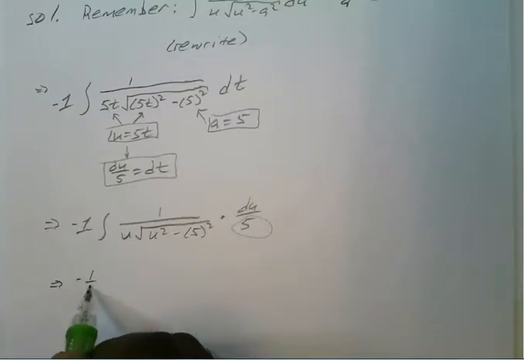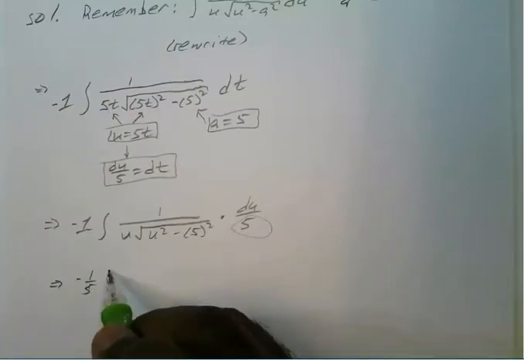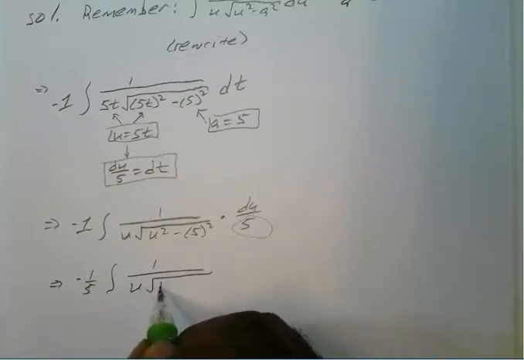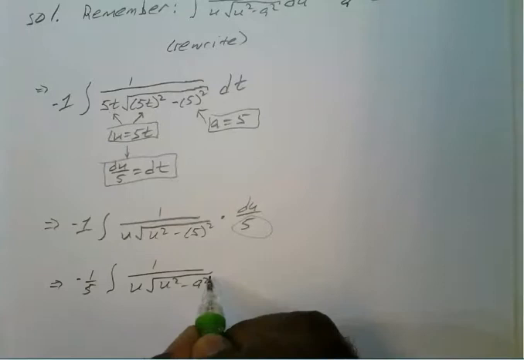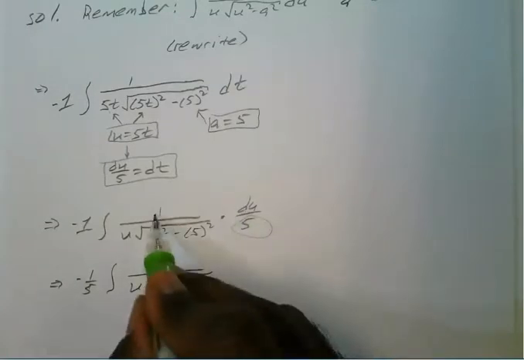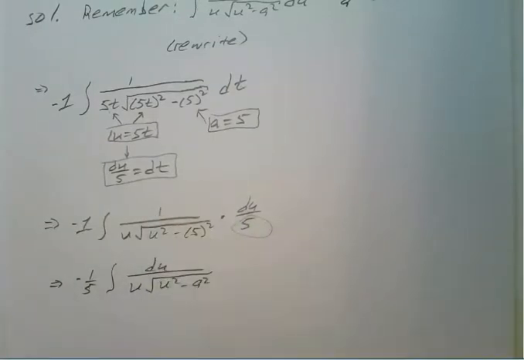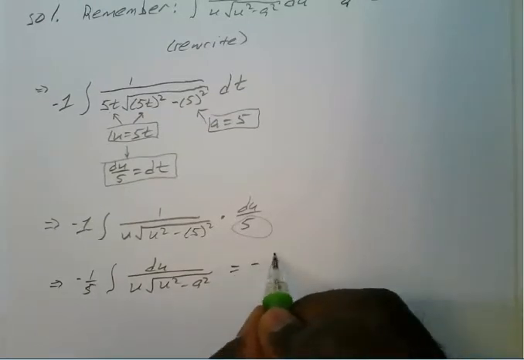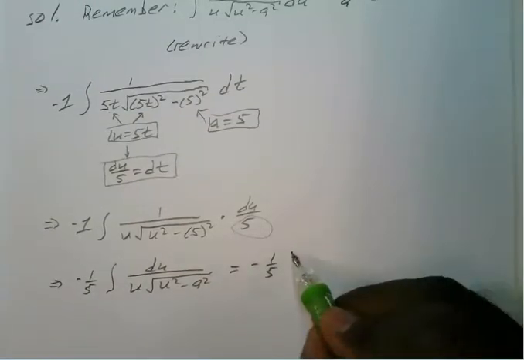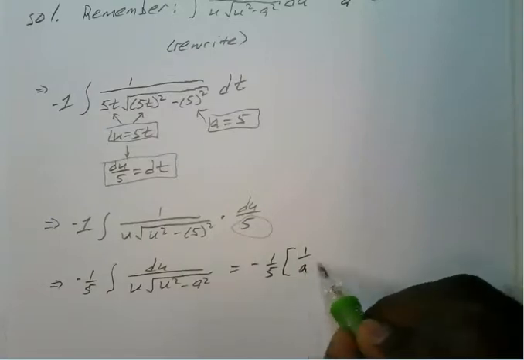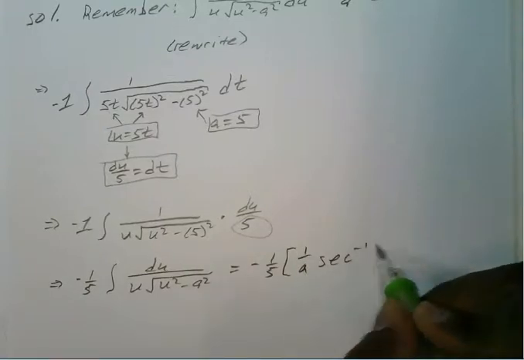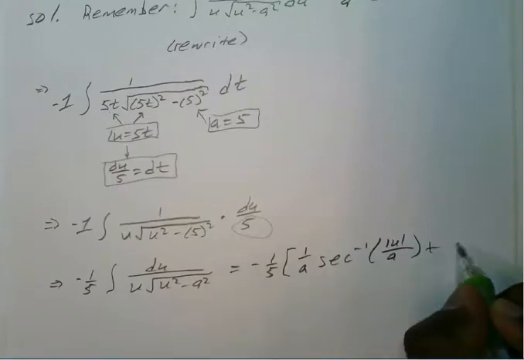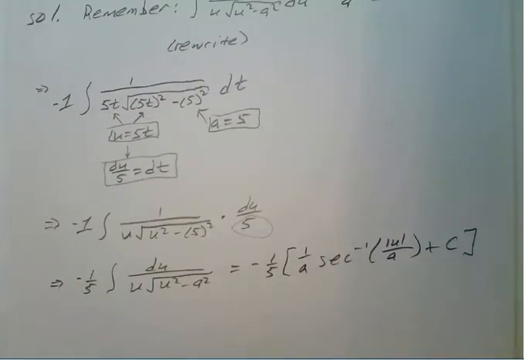So we have negative 1 over 5 times the integral of 1 over u times the square root of u squared minus a squared. And that du, we're just going to move it right up there. Okay, so that's going to equal negative 1 over 5 times 1 over a secant inverse of the absolute value of u over a plus c.